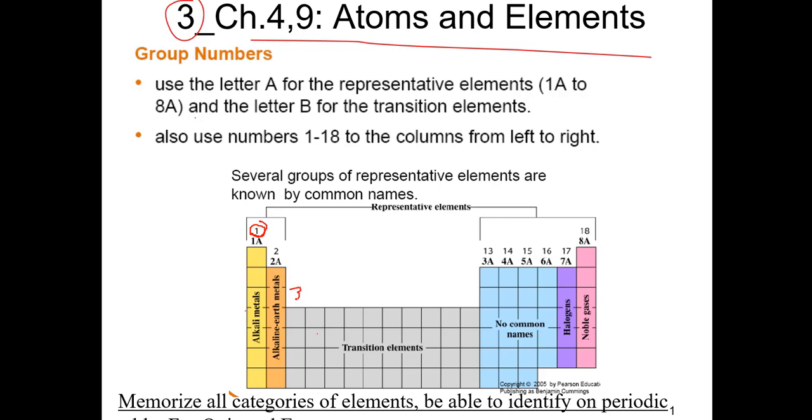We can number 1, 2, 3, 4, 5, all the way up to 18. Or we can number it 1A, 2A, and then we skip the transition elements and go straight to 3A. You'll notice for representative elements, it actually has 2 ways of grouping it. Whereas for transition elements, we really need to go by 3 and 4.